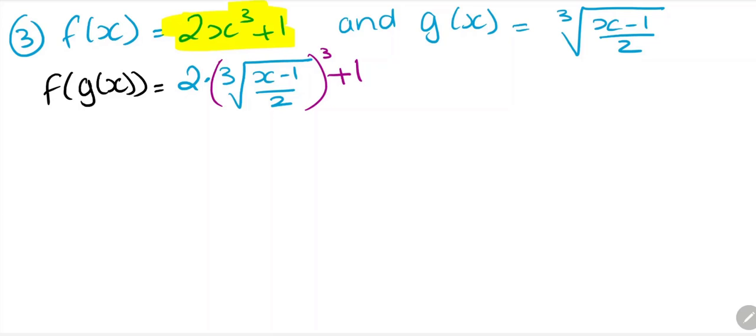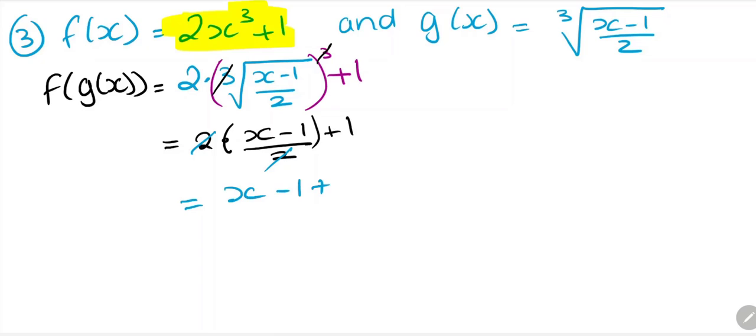So if we just simplify this, the cube root and cubed are going to simplify. So they're gone. So then we're going to have 2 multiplied by, I'm going to put this in brackets, x minus 1 over 2, plus 1. Cancel our 2's. So we've got x minus 1 plus 1. These will cancel and we're left with just x.